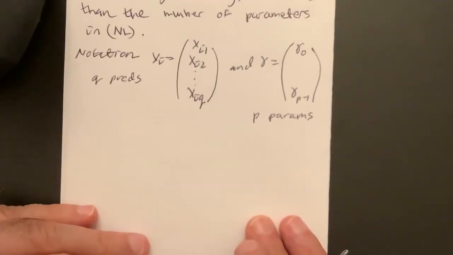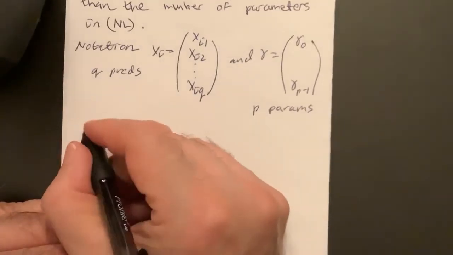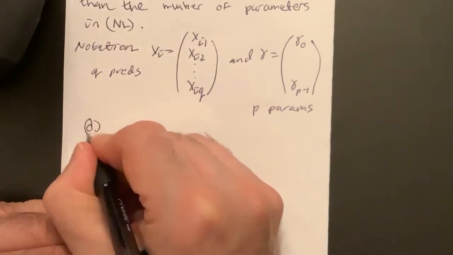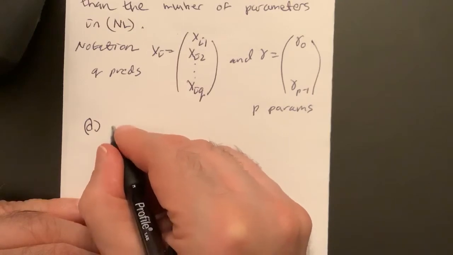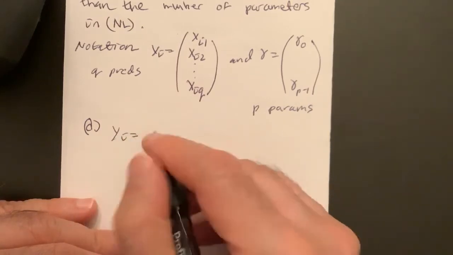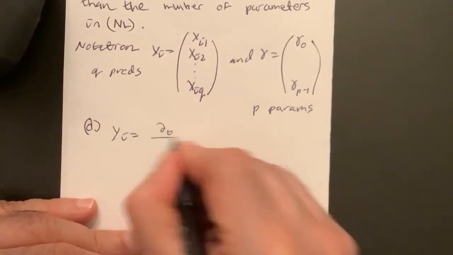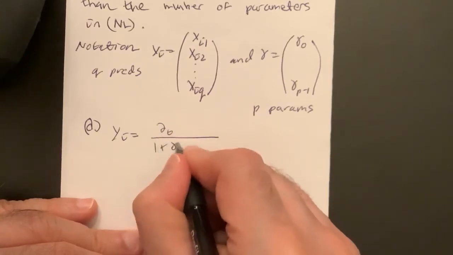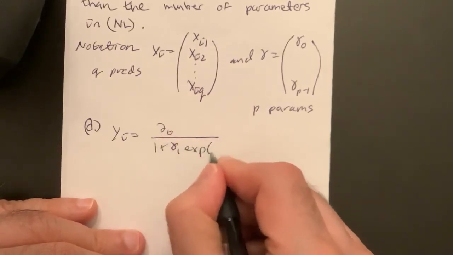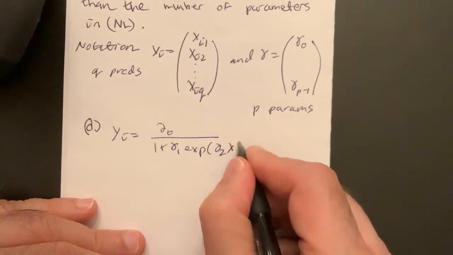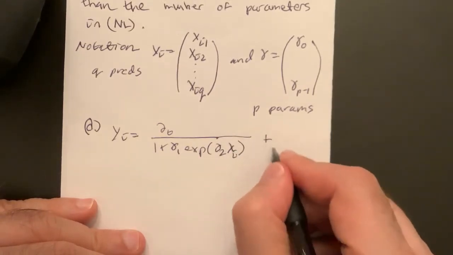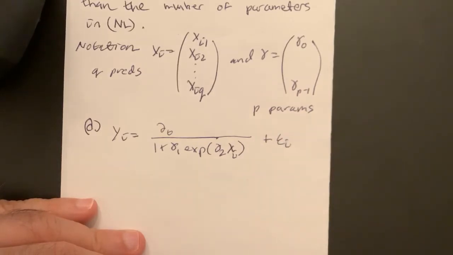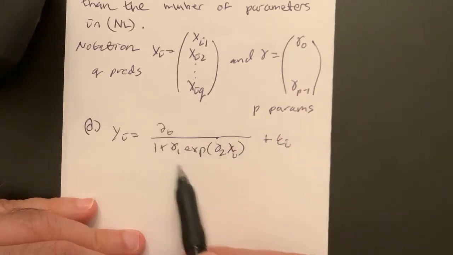So we could keep going with other examples. Maybe one more. We could have something like y_i equals gamma_0 over 1 plus gamma_1 exp(gamma_2 x_i), plus epsilon_i. Here the regression function is this.